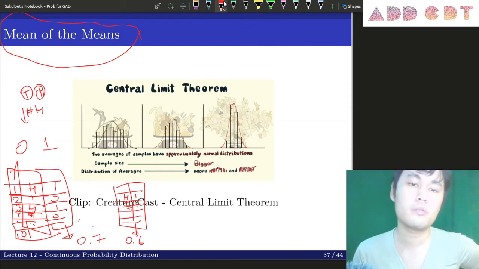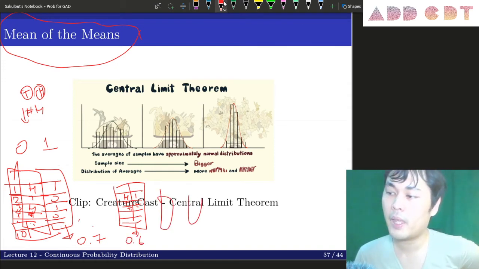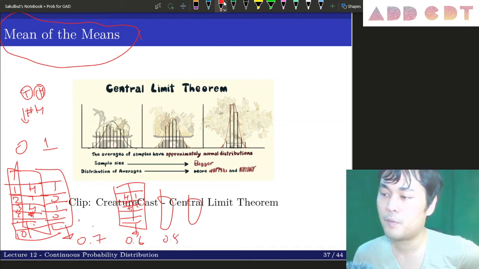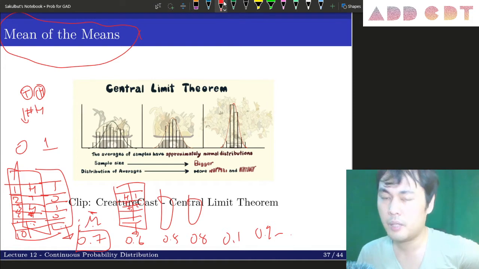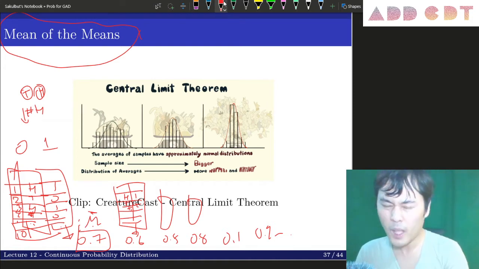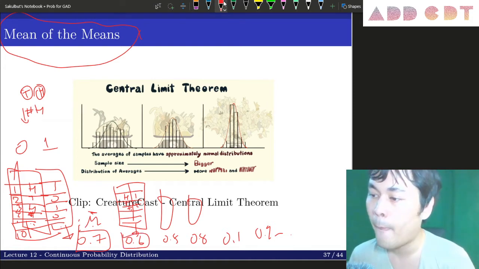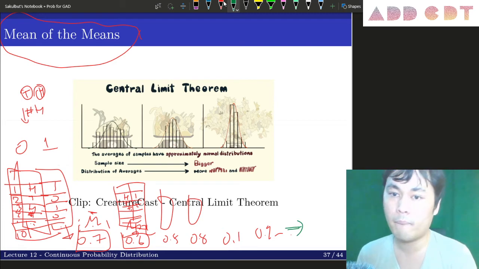Maybe it's 0.6. You repeat again. Maybe next time you get 0.5, next time 0.8, next time 0.1, next time 0.9, and so on. Each of these values is a mean. This is the mean of a single experiment. But we can collect all these means and find the mean of these means.